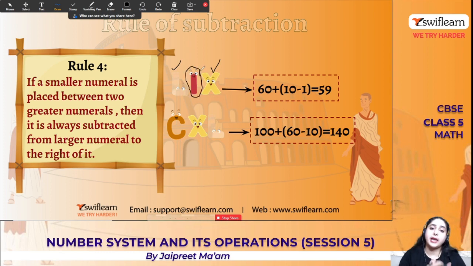So now what will we do? Add 1 with L, or subtract 1 from 10? We will subtract from the larger value to the right.